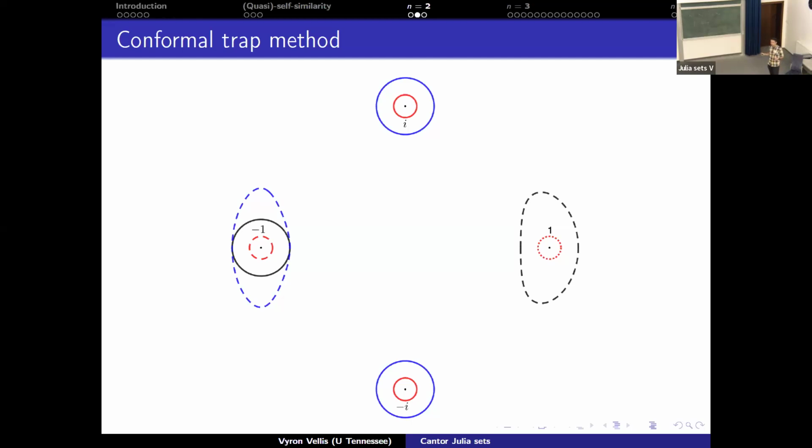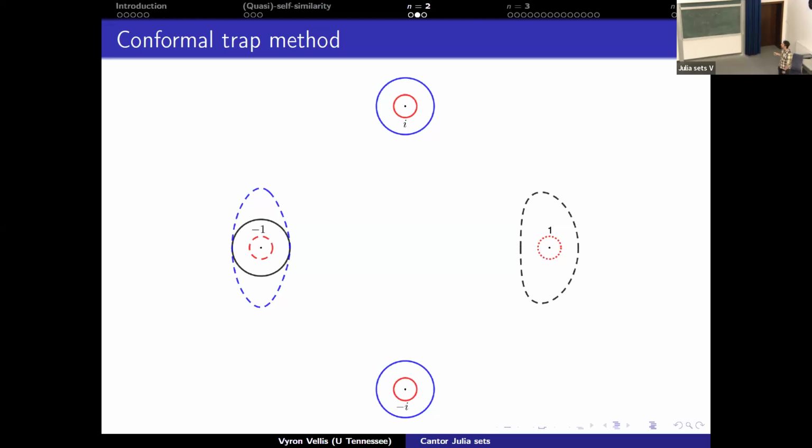And then the next question is, what does end up there? Okay, if you are outside of these 2 red disks, then the map G is going to take you outside of this red disk, and then the inversion is going to take you in. So any point outside of these 2 red disks is eventually trapped. But it turns out that even in these red disks, there are points that are eventually trapped.